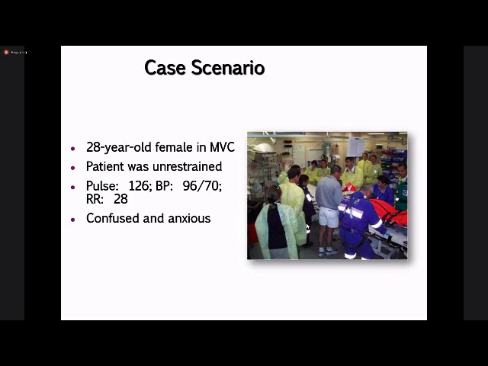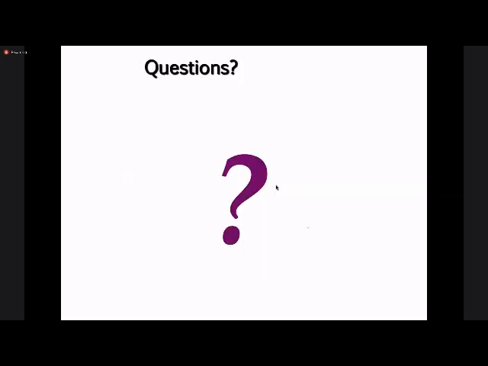You see the blood pressure is already 96/70, so the patient is hypotensive. That means this is at least a class 3 hemorrhage. While we give 1 liter of normal saline, we need to get blood. At the same time, we need to identify the site where the patient is bleeding from. All things should happen simultaneously. That will minimize the risk of the patient dying or developing complications due to hypovolemic shock.